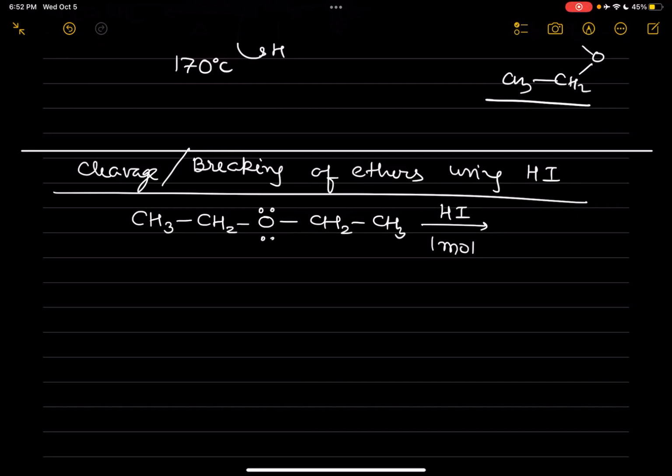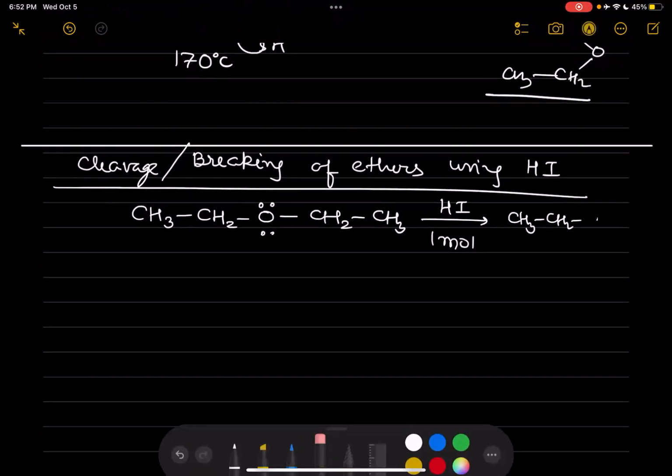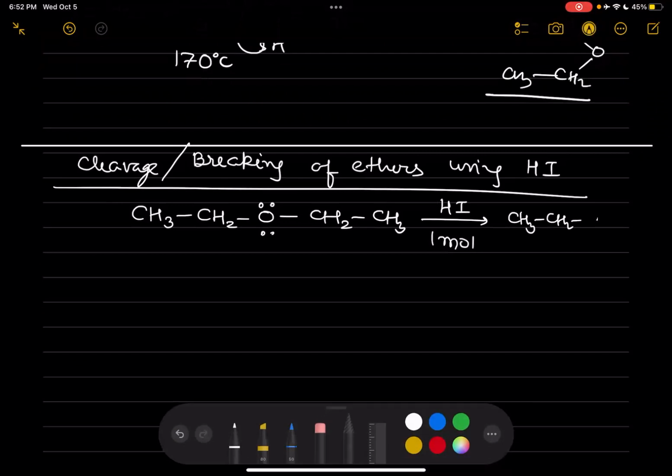So you take some acid, HI, and H plus is going to come out, and that is going to get connected to the lone pair of the oxygen. CH3CH2O. So I will write the product first and then I will show you the mechanism, which is very easy. So this is the overall product.